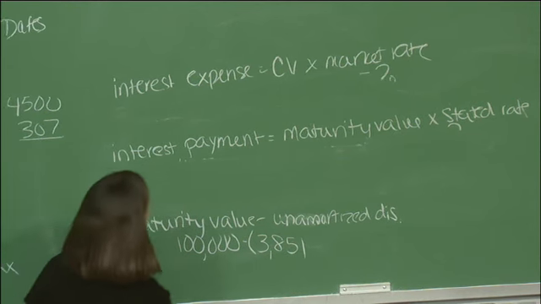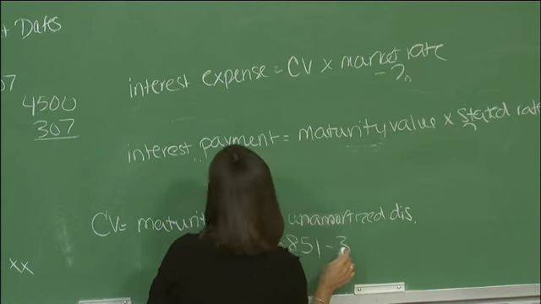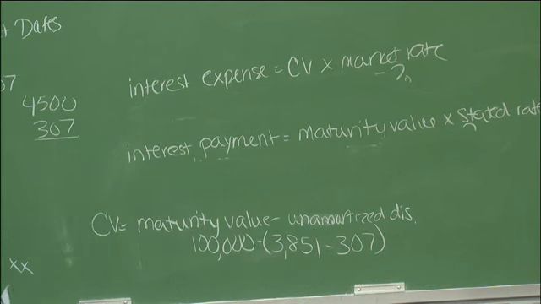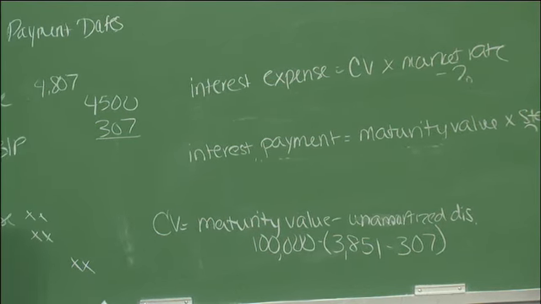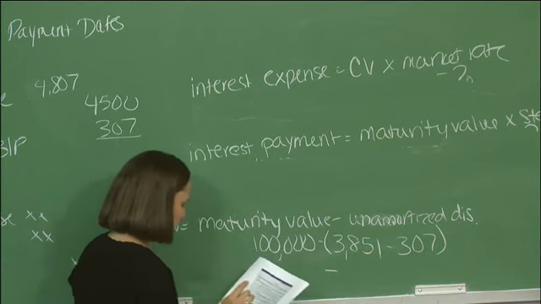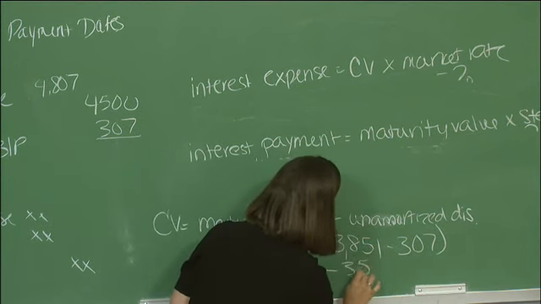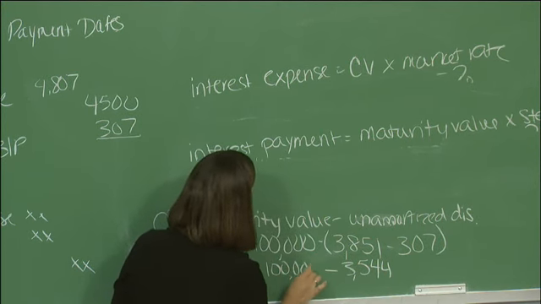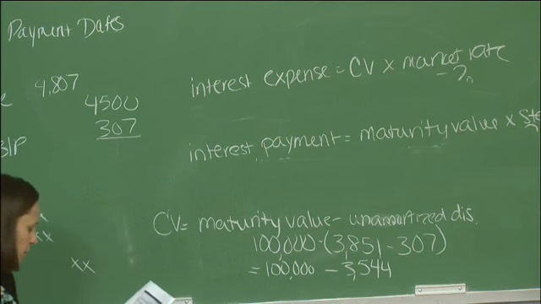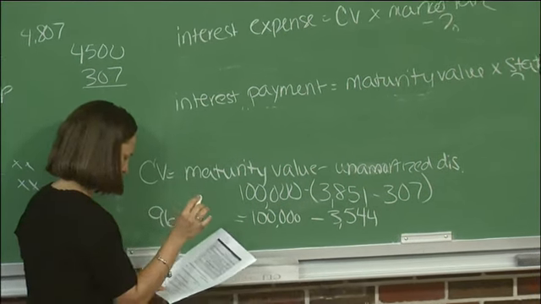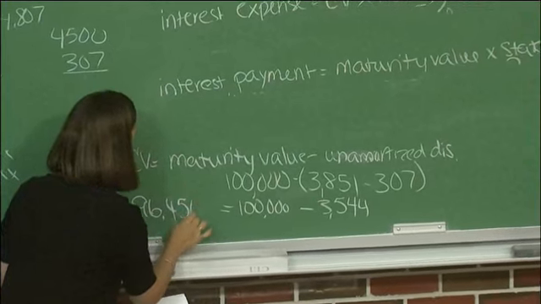Right. Okay, you amortize in the first interest period $307 of that discount. So the amount that you have left as unamortized is $3,544. Okay, subtract that from the $100,000. You get a current carrying value of $96,456.